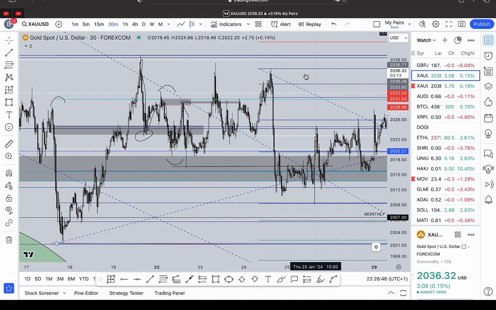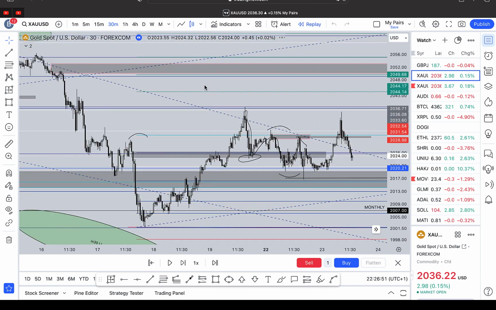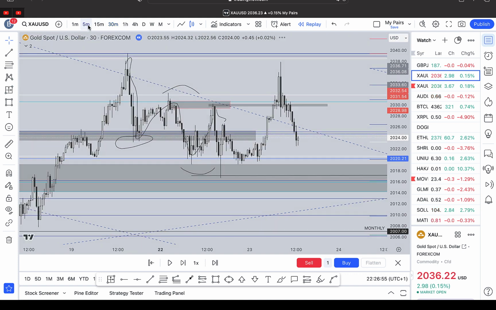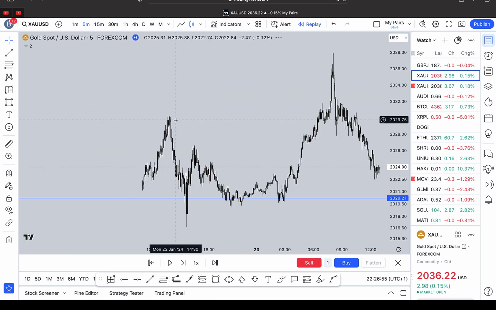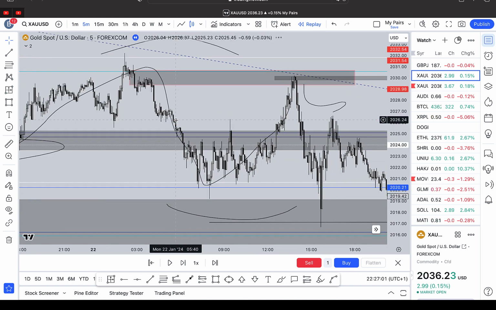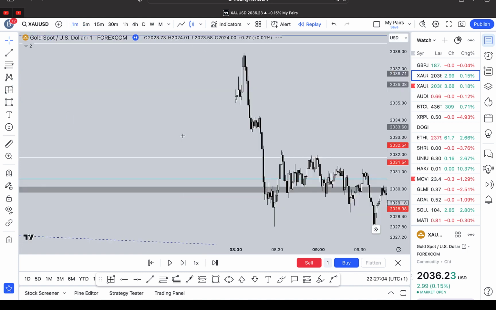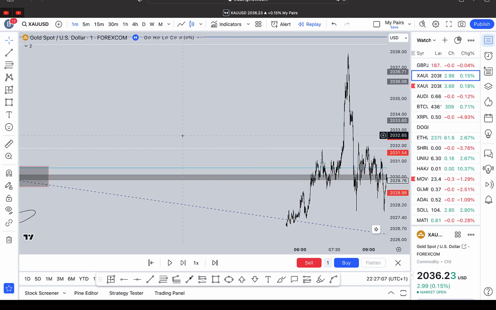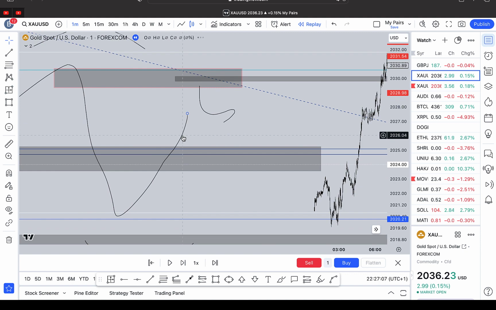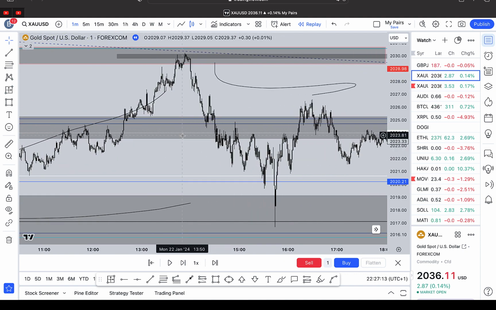Let me show you guys really quickly. So on the M1, we can see more details.